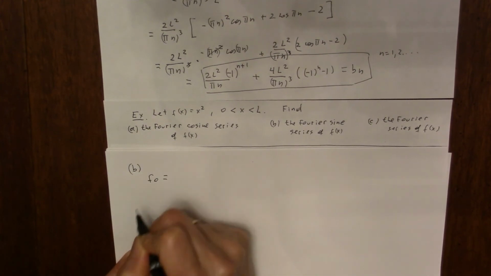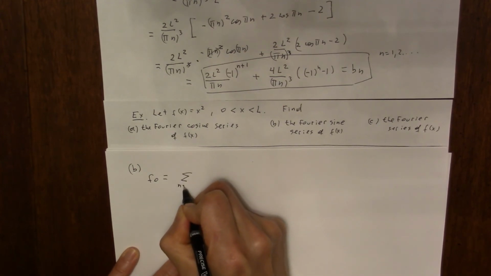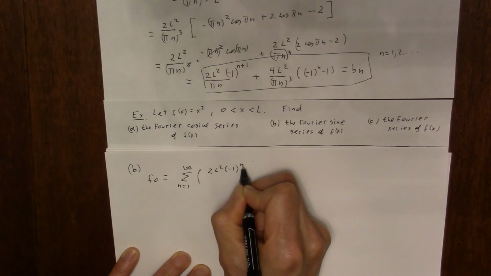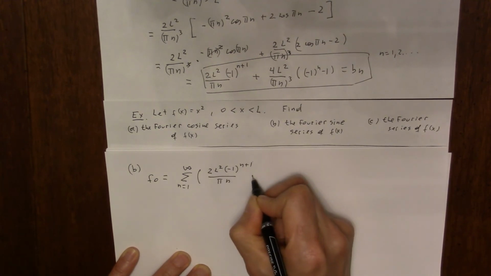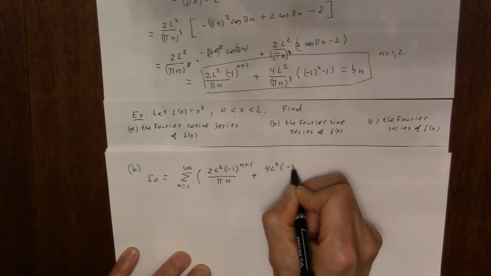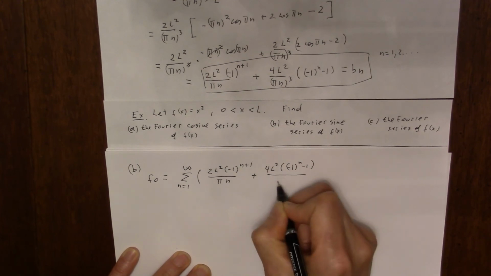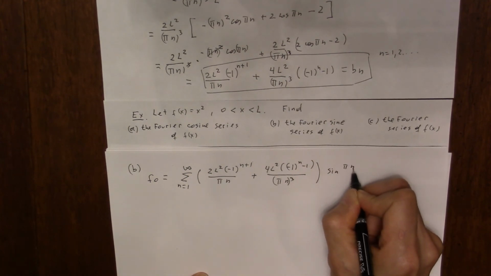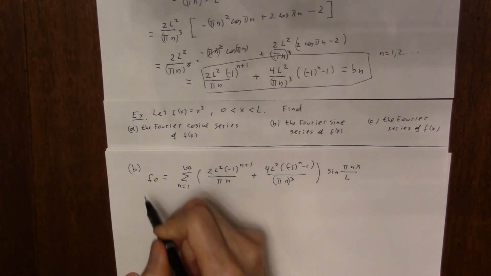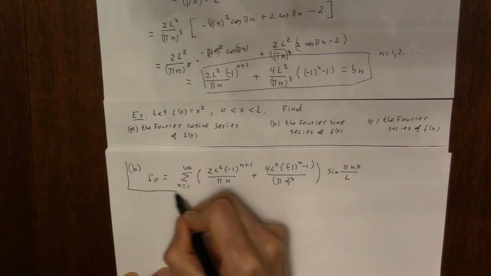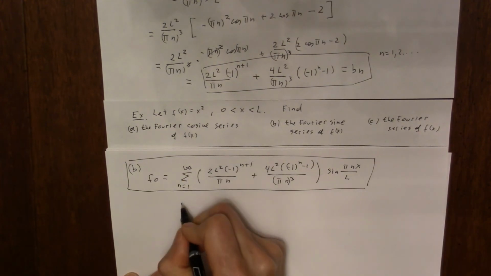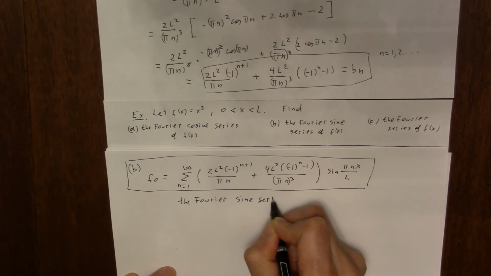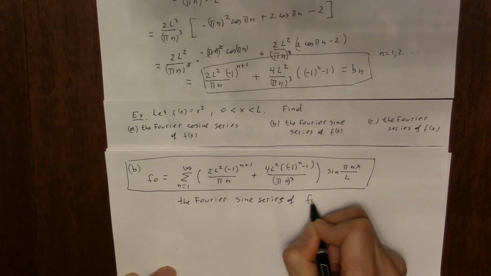So f hat equals the sum from 1 to infinity of Bn, which is 2L squared negative 1 to the n plus 1 over pi n plus 4L squared times negative 1 to the n minus 1 over pi n cubed, times sine of pi n x over L. That is our answer for part B. That is the Fourier sine series of function f of x.